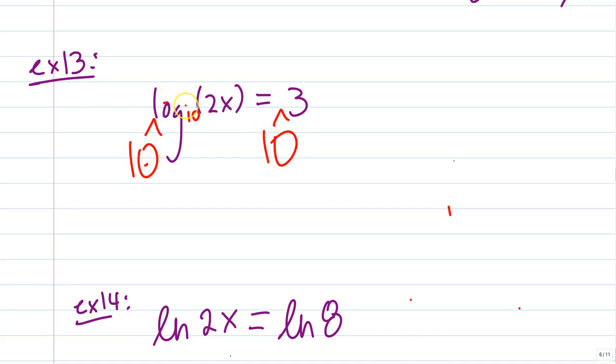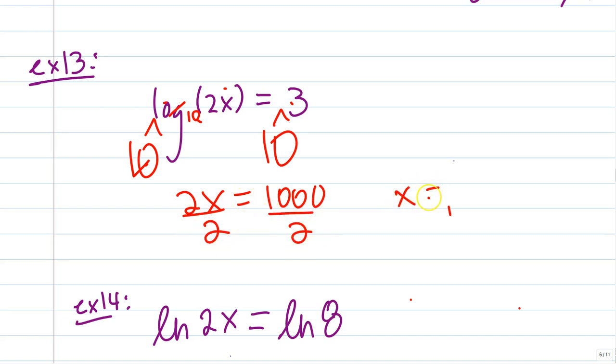Because 10 to the log base 10 cancels, leaving me with 2x is equal to 10 to the third, or 1,000. Okay? If you don't like that, you could rewrite that as 10 to the third equals 2x. Gets you the same direction. I like the algebra behind it. But last but not least, we divide both sides by 2 and get that x is equal to, looks like 500 this time.